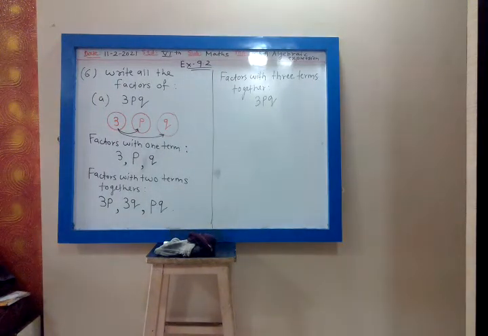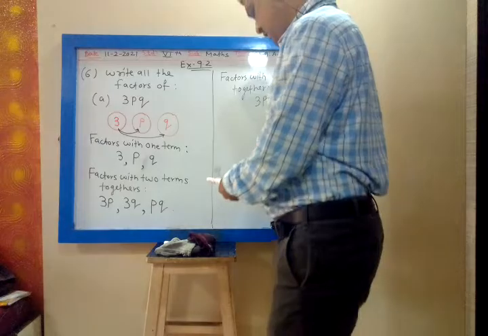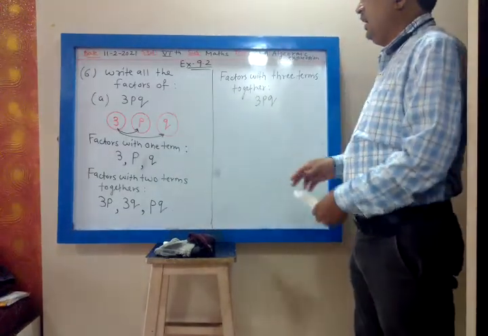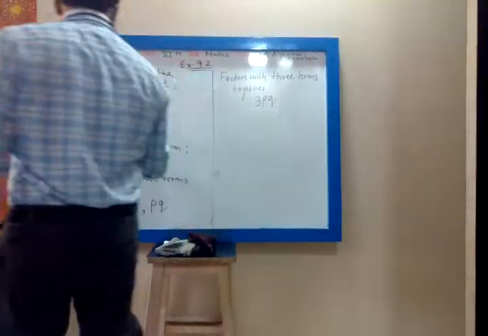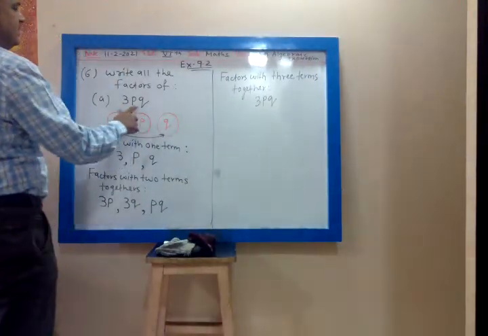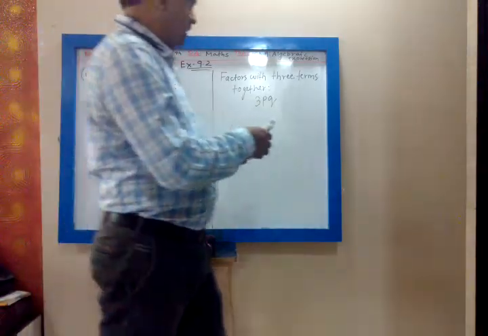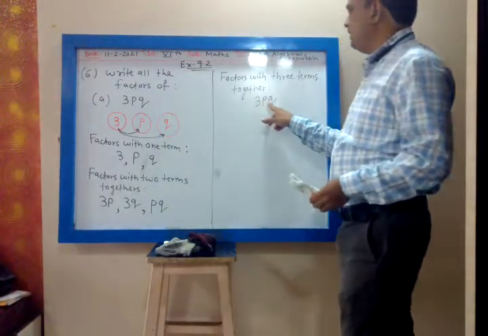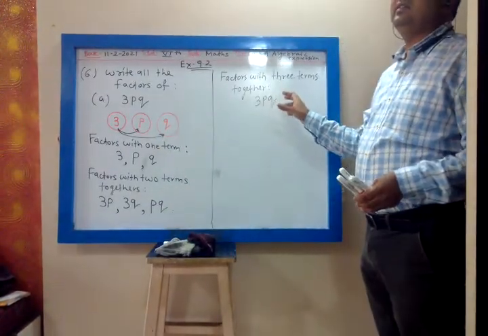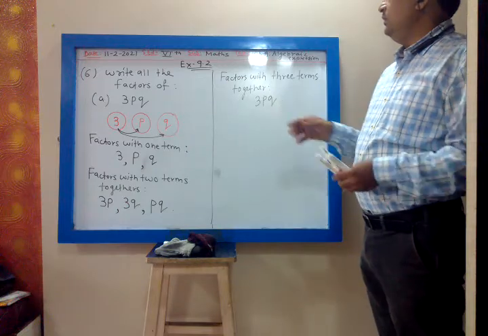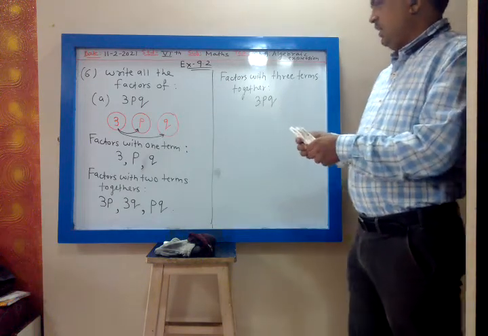My dear, we are using simple language. 3 terms together means 3PQ. Writing together means there is a multiplication. So 3PQ.